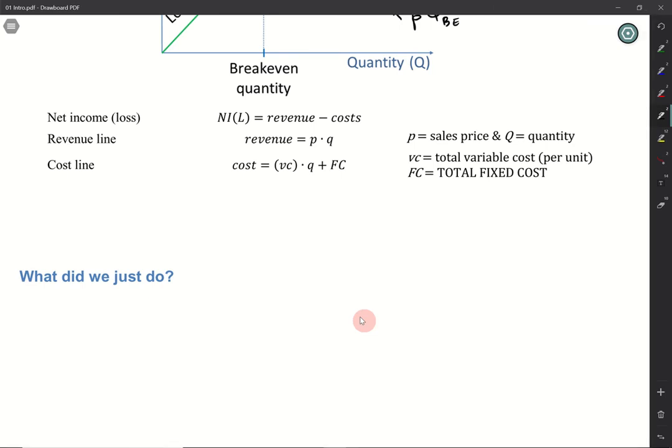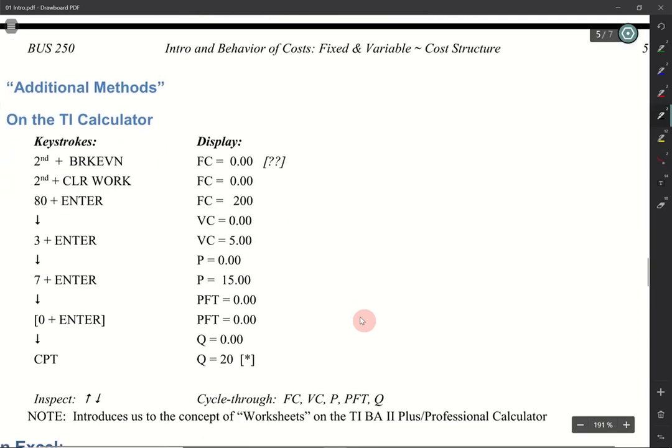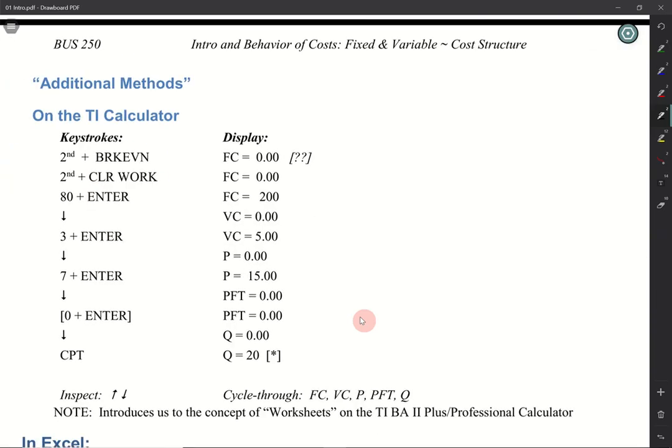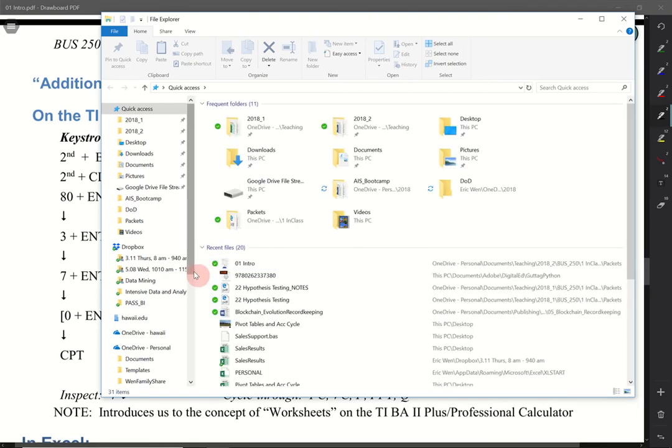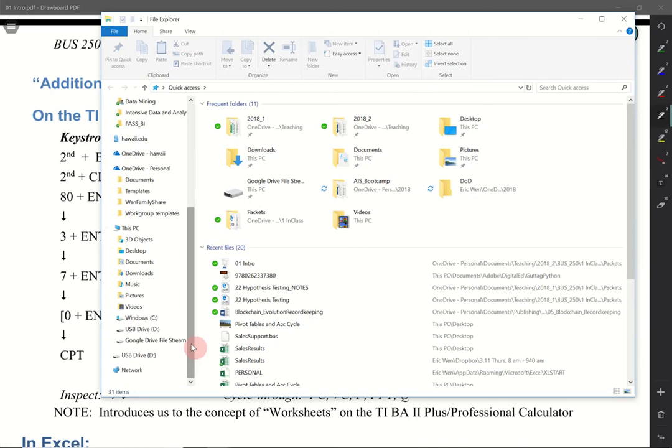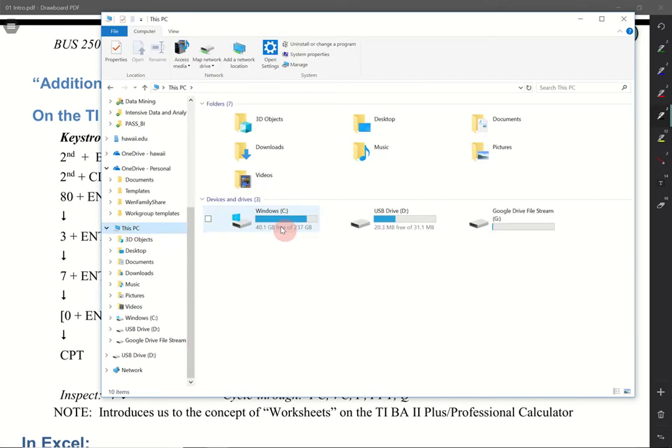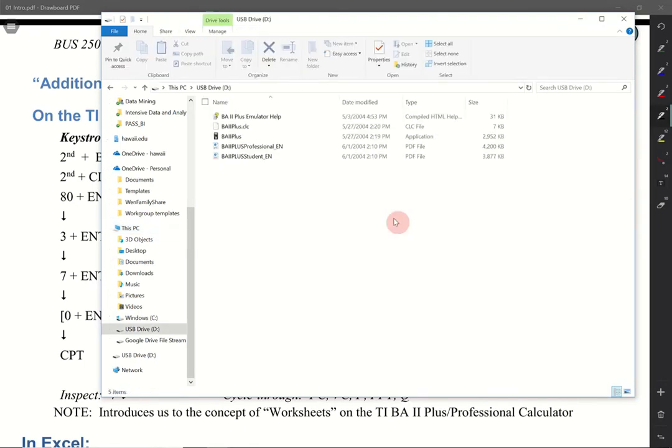Oh yeah. So on the TI calculator, there actually is a worksheet that allows you to quickly calculate the variable costs and the break-even point. So let me find my calculator here. Here it is, I think. So here's my calculator.